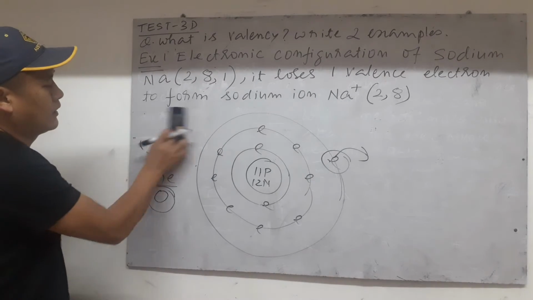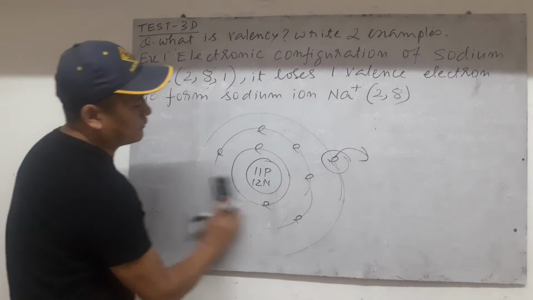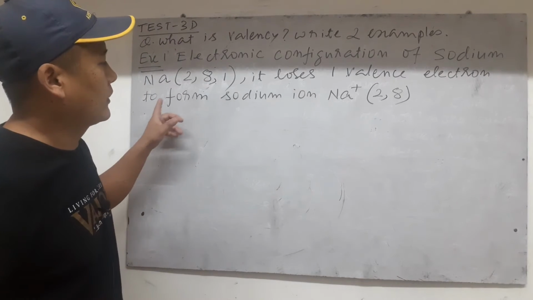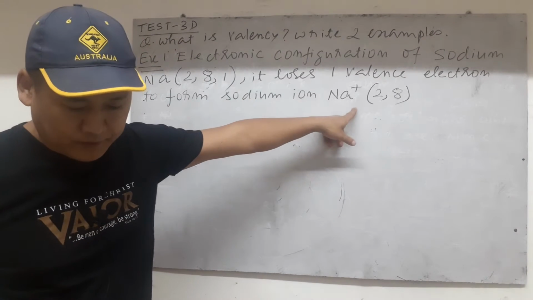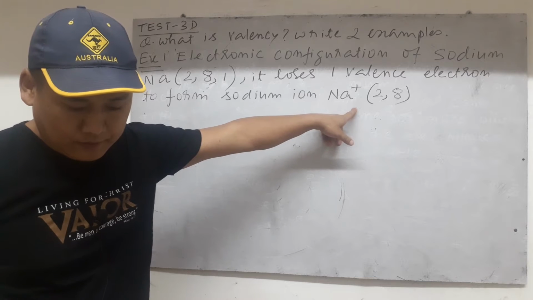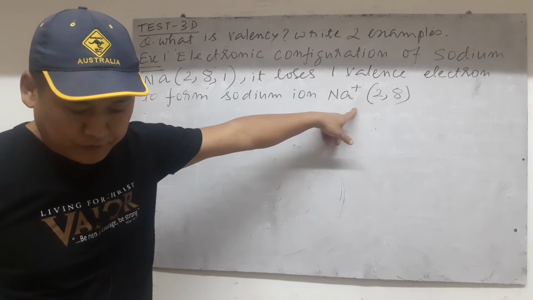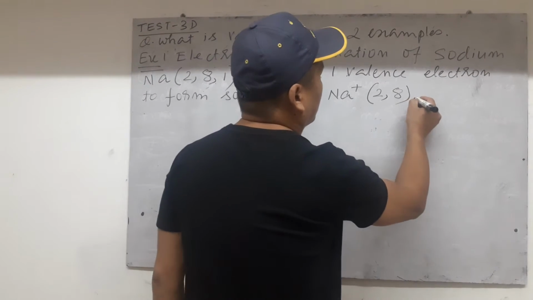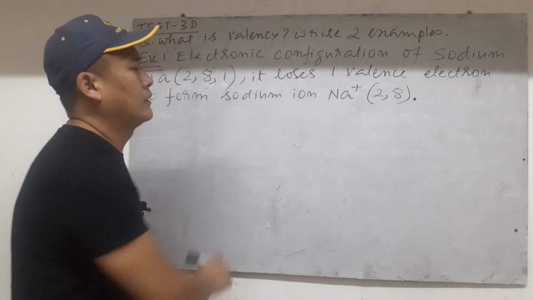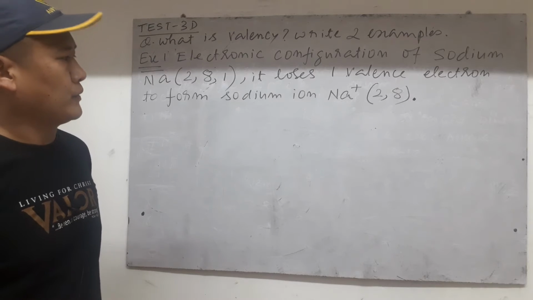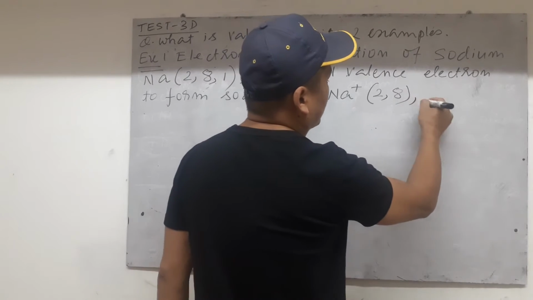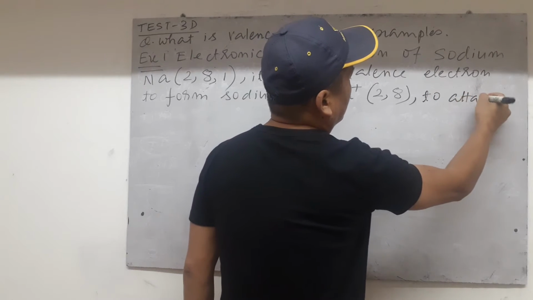So why does the sodium atom form the sodium ion? It loses the valence electron to form the sodium ion. Why does it form this one?